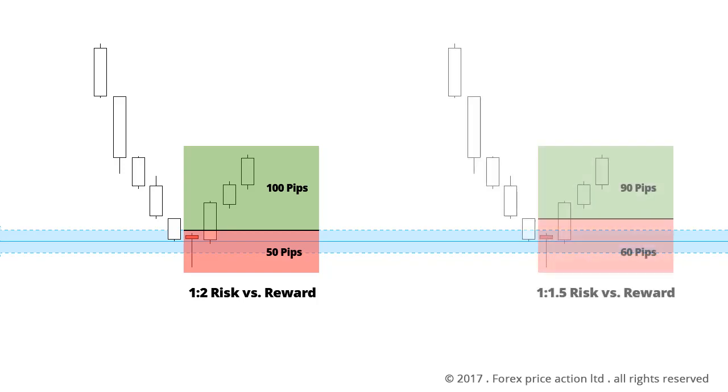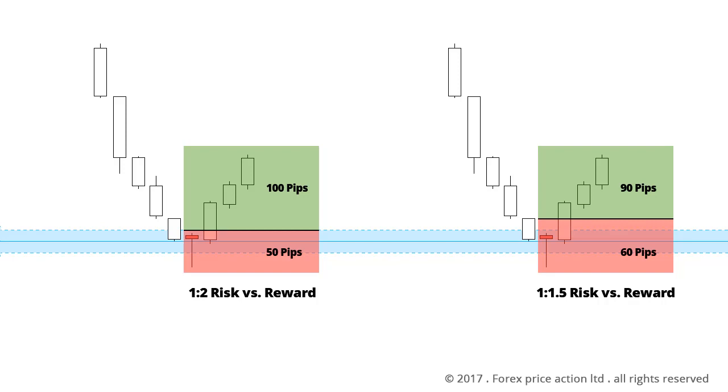Now let's say you enter this same trade, but 10 pips later, at 1.5110. Your stop and target need to be in the same place as they are optimal price action based stops and targets, which I will discuss next. So in this scenario, your target will be 90 pips away and your stop 60 pips away.